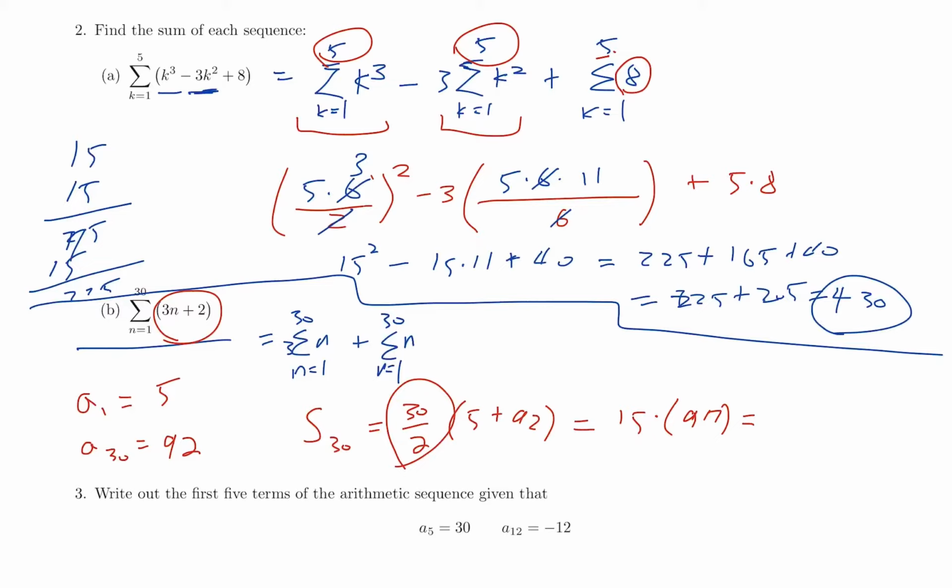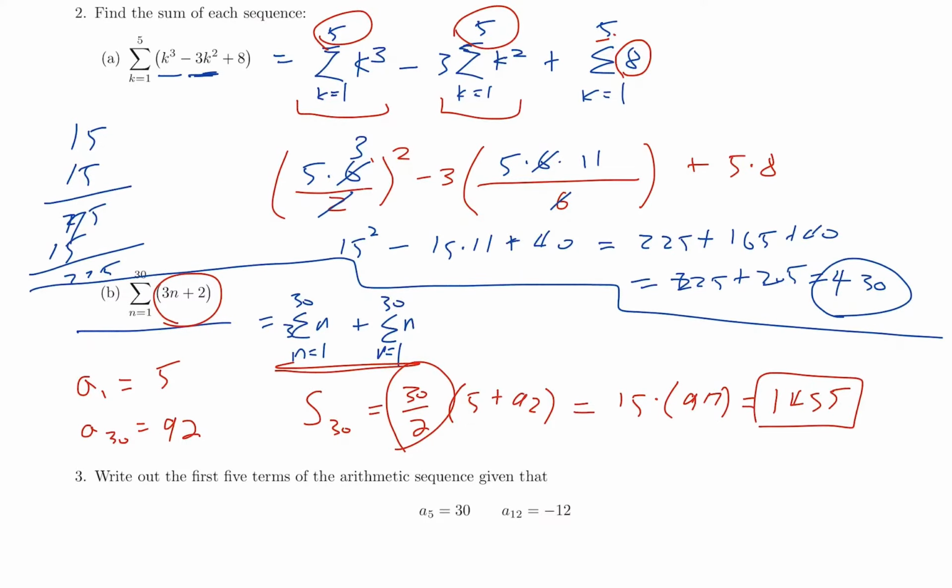And 15 times 97 is 1455. And if you do it the other way, you should get the same answer as well. But this is a little faster if we use the arithmetic sum formula.